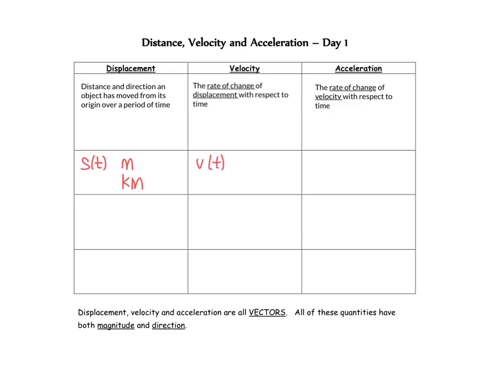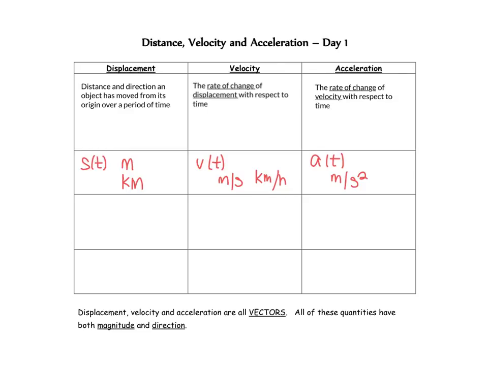So velocity with respect to time, and then our units for that would be meters per second or sometimes kilometers per hour. And then for acceleration, we usually write a at t, and again our common units would be meters per second squared or kilometers per hour squared.